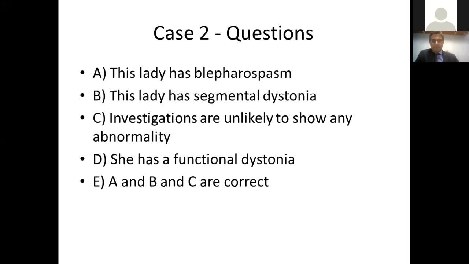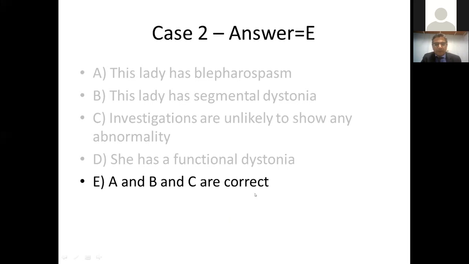So now I will show you the results as you have voted. Well done. So that's very good. In fact, she does have blepharospasm, but she has in addition also got cervical dystonia, which you saw with the tilt of the head. She's a woman, around the age of 55, 60.